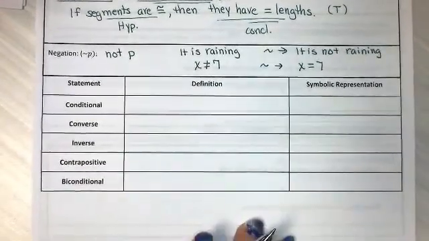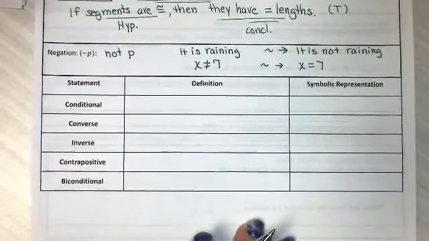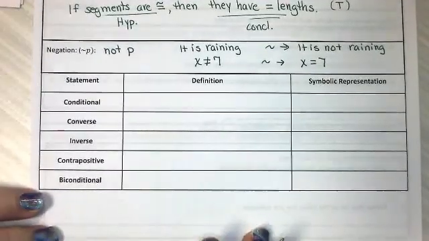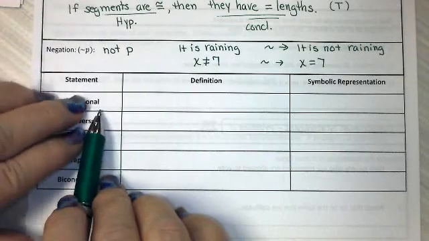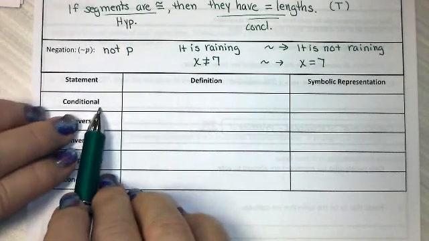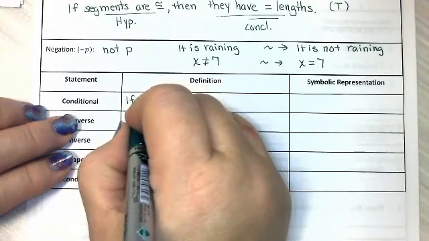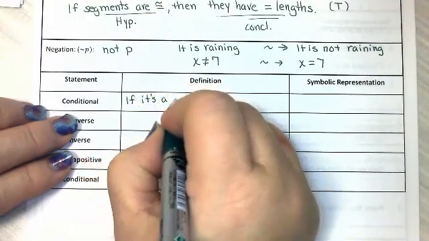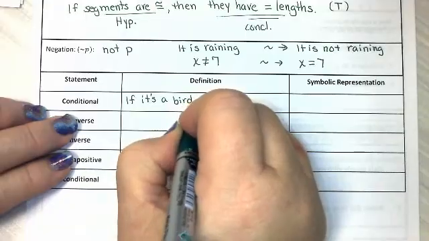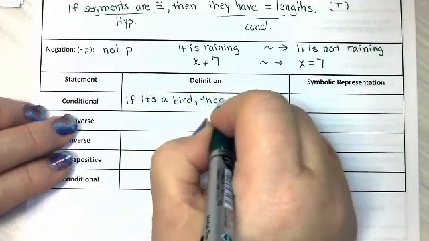There are 4 types, actually 5, of conditional statements, and we're going to show you here. A conditional statement, I'll give you an example. If it's a bird, then it's a cardinal.